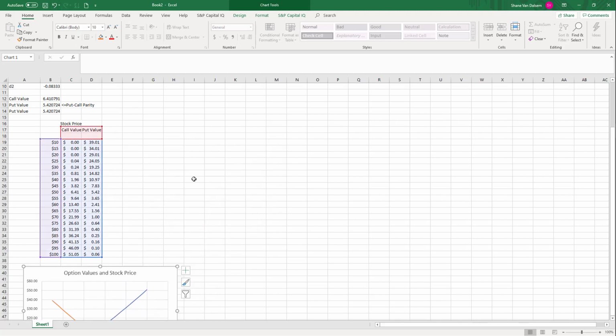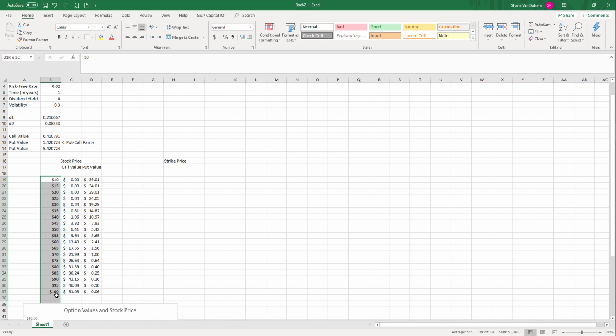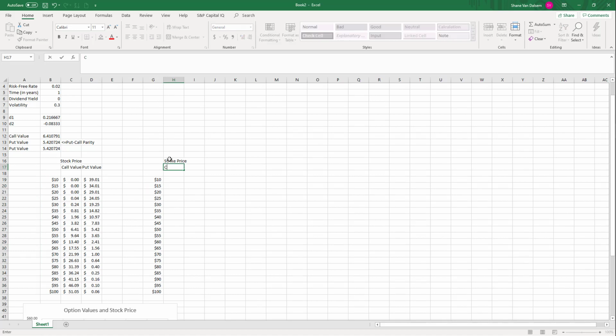Let's go to the next variable here, which is strike price. Again, I'm just going to set it up the same way. So again, the call value, the put value, put those values in there.